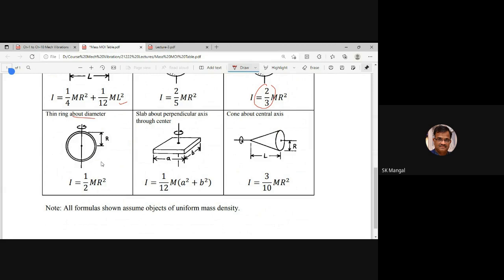If we have a cone, then its mass moment of inertia about this centroidal axis is given by 3 by 10 m r square.